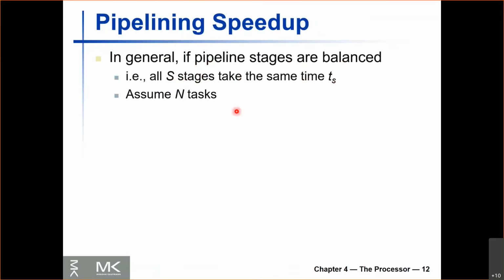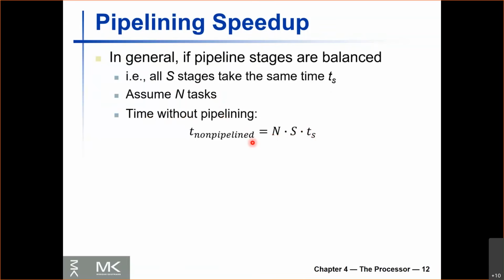And if I want to perform N tasks, then the time to perform these tasks without pipelining is N times S times TS, right? So N is the number of tasks times the number of stages per task times the amount of time per stage.